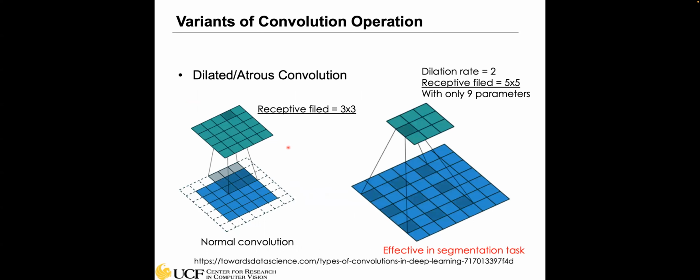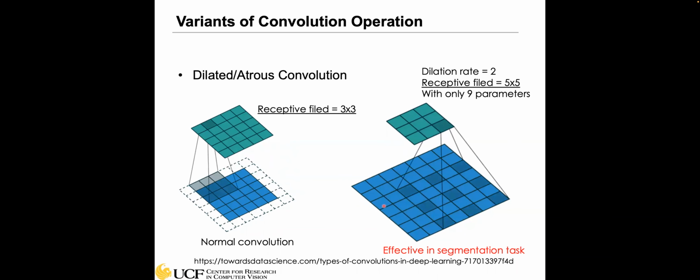Okay, so here is an animation for this dilated convolution. On the left, you can see the normal convolution, right? So I have a 3 by 3 kernel, and I scan across this image, doing a dot product on this 3 by 3 region.